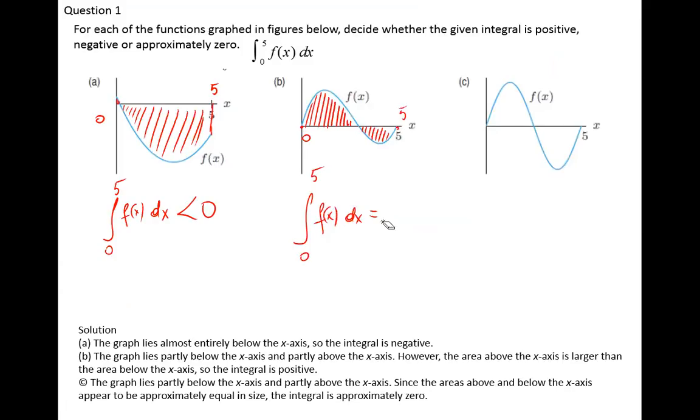It's positive because more region is above. And what about this one? Between 0 and 5, that part and this one. The integral from 0 to 5 of the function f of x dx. What do you think? Is this one positive, negative, or maybe 0?